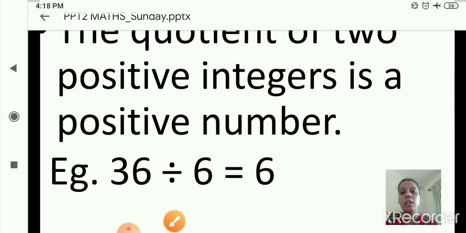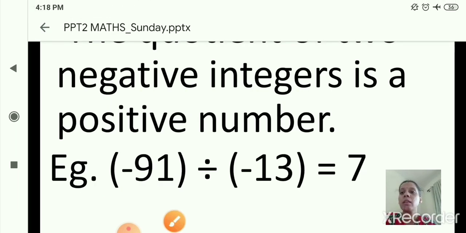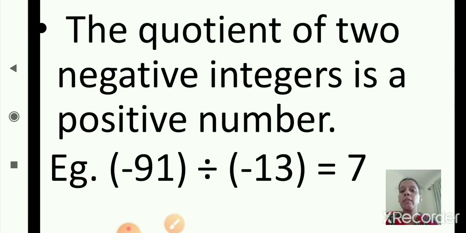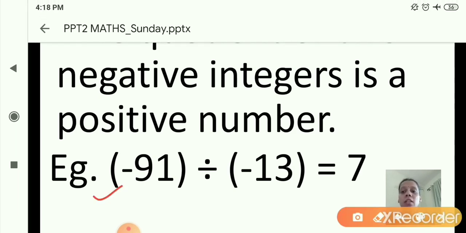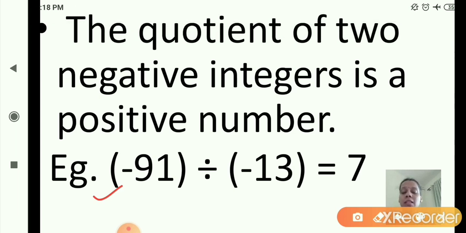Now the next rule is the quotient of two negative integers is a positive number. Example, minus 91 divided by minus 13. 13 sevens are 91. Yes, so the answer is 7.